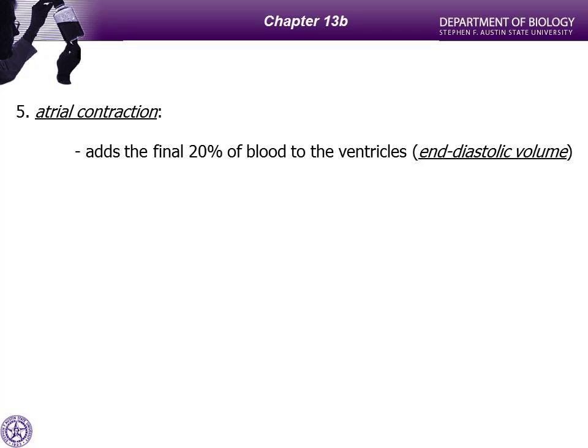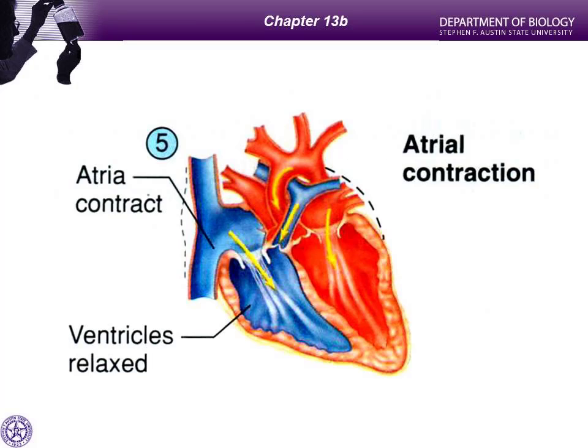And when we put that last 20% in, right before the ventricles contract, that is what is considered our end diastolic volume, our EDV. End diastolic volume, how much blood is left right before we contract. End systolic volume, how much blood is left after the ventricles contract. See how you get those?